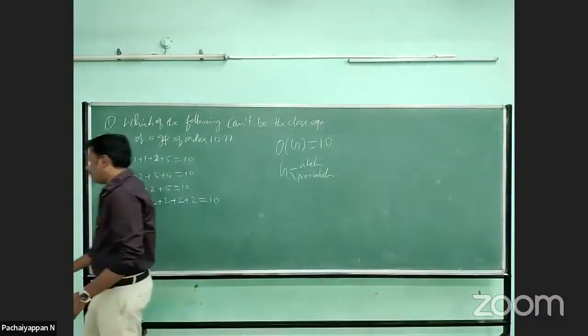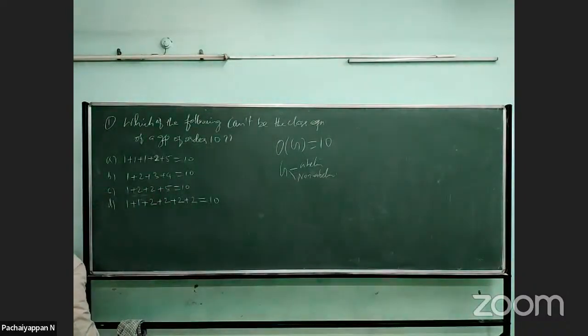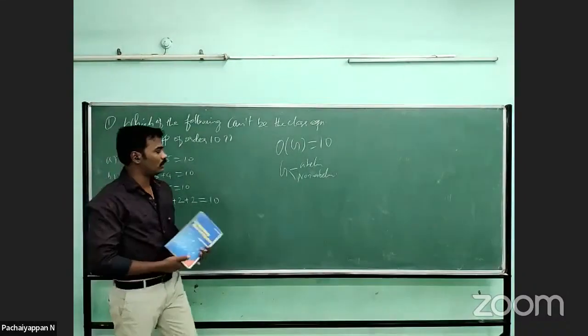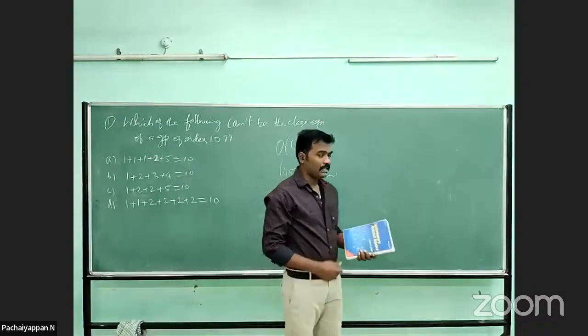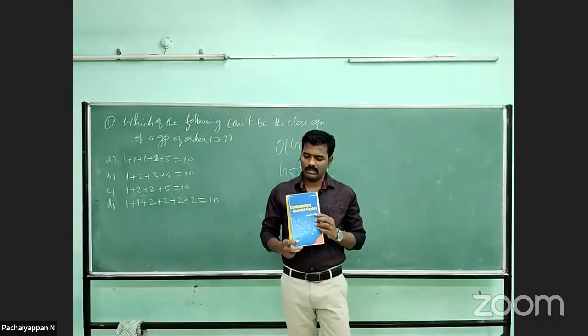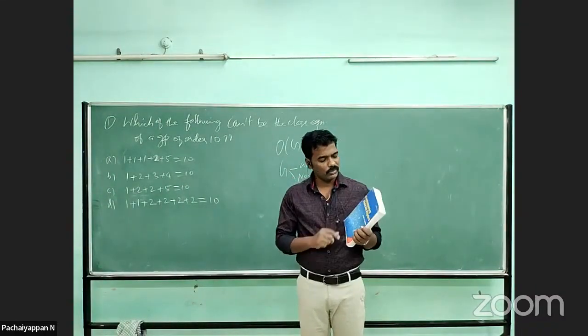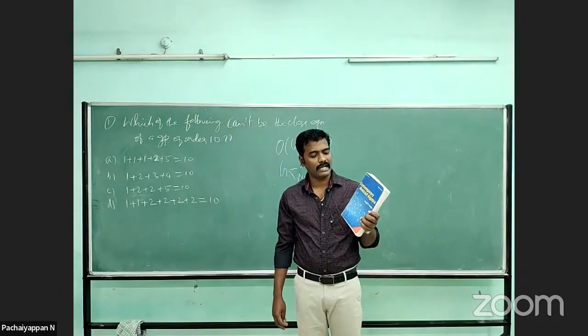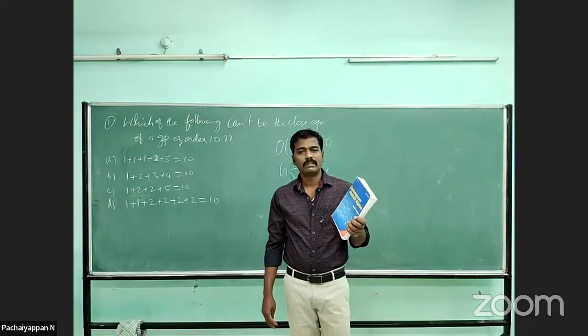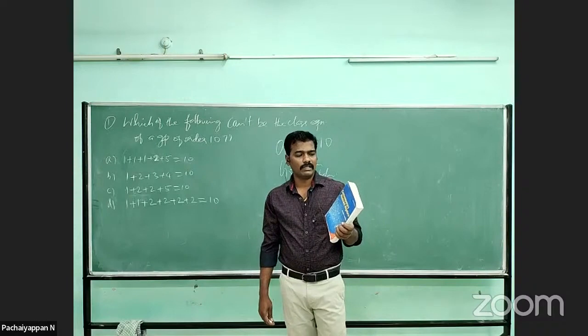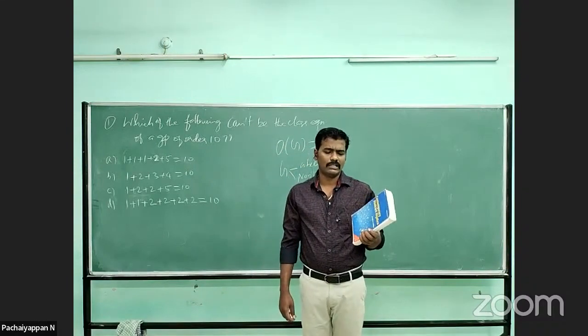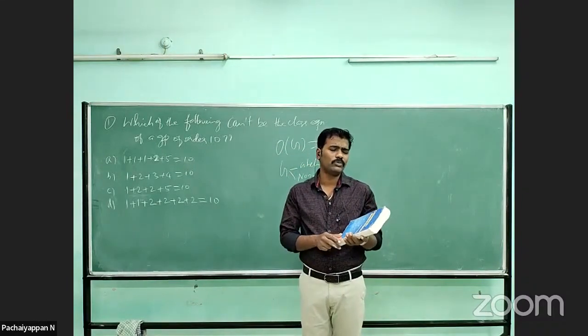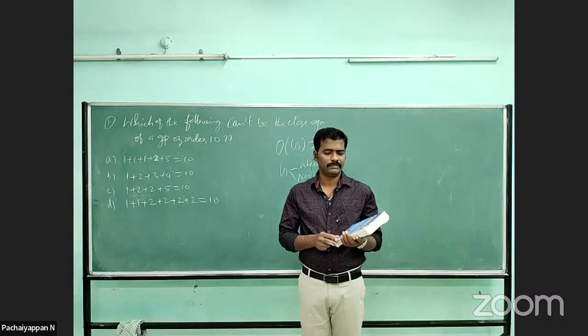And one more thing I want to say: for the CSIR examination, people who want to prepare abstract algebra should follow this book. It's a very nice book, Contemporary Abstract Algebra by Joseph Gallian. This is one of the main books in abstract algebra, and it is also very useful to qualify the CSIR exam.